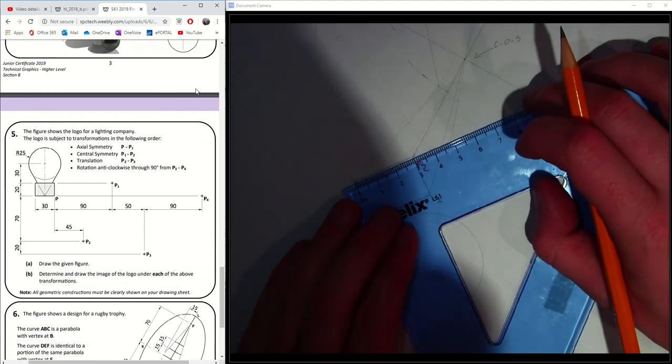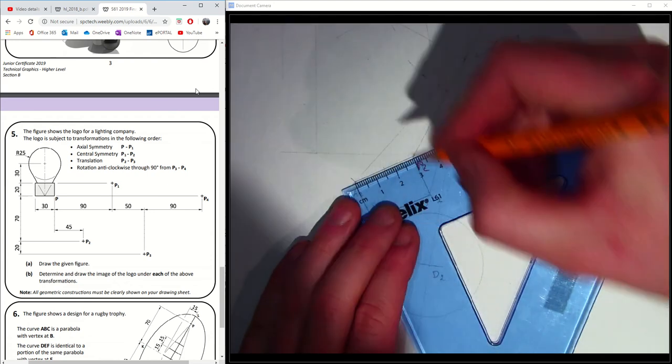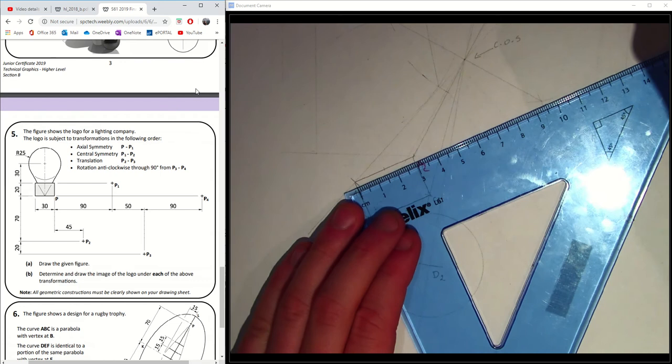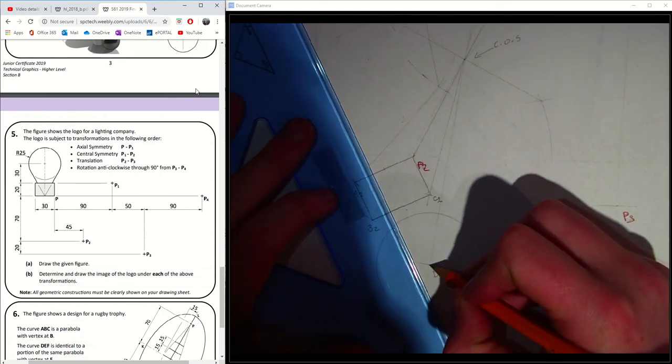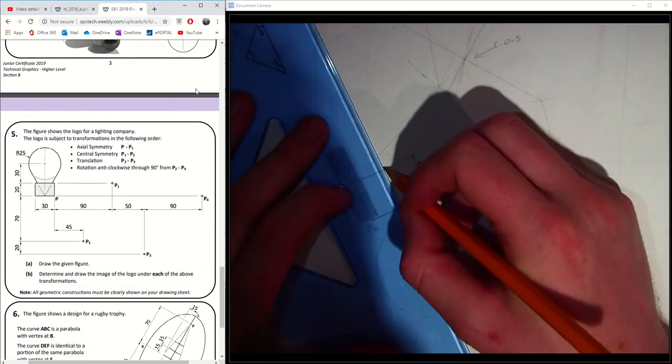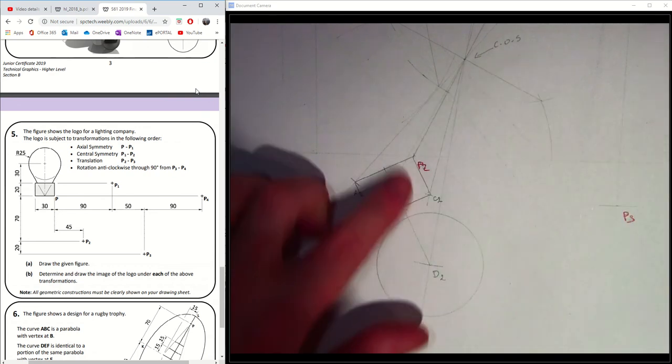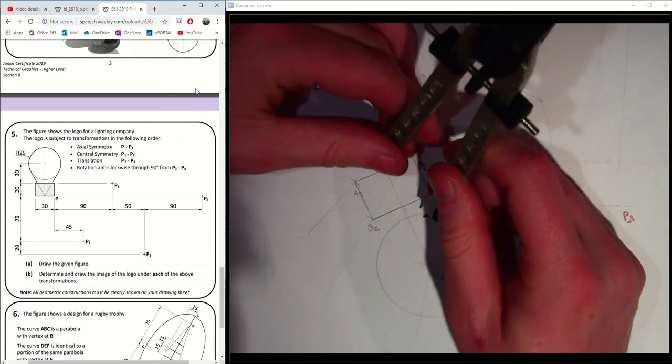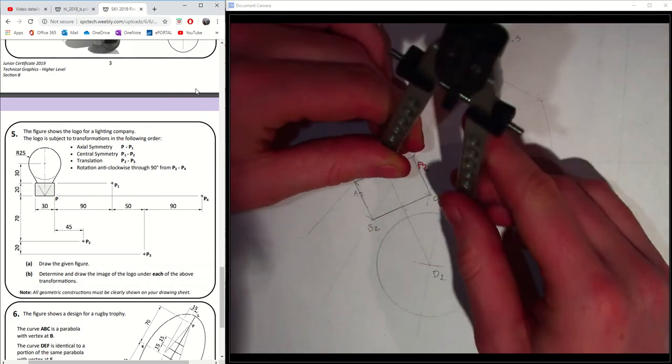We see that that's still 30. I want to get a tangent to this circle from this point, so I'm joining the two points together and bisecting that line.